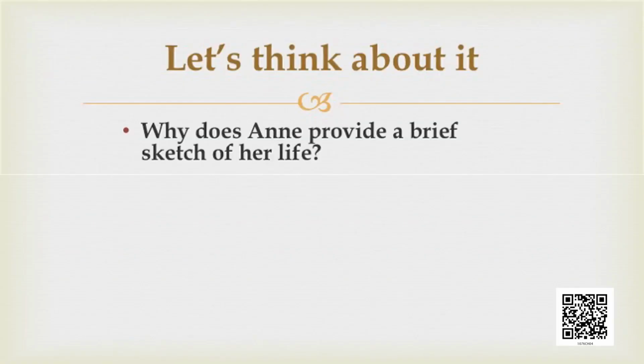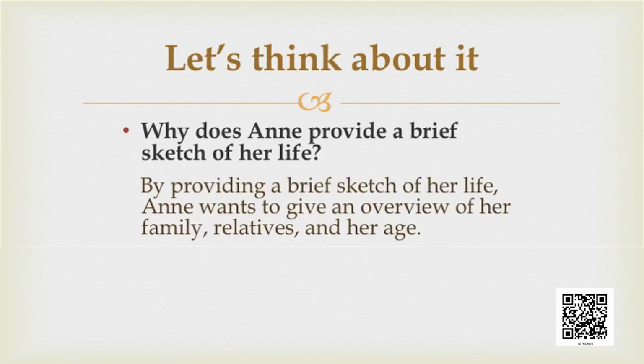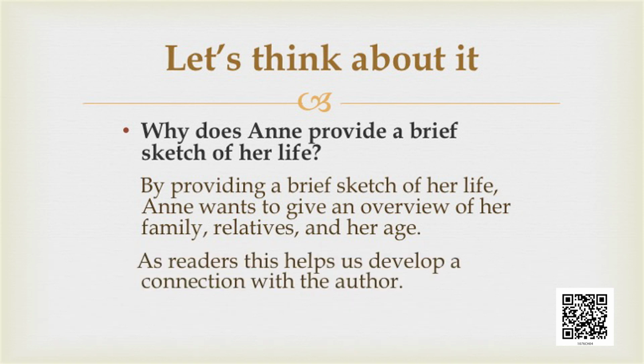Why do you think she did that? Because by providing a brief sketch of her life, Anne wants to give an overview of her family, relatives and friends. As readers, this helps us develop a connection with the author. So this provides us with the context.